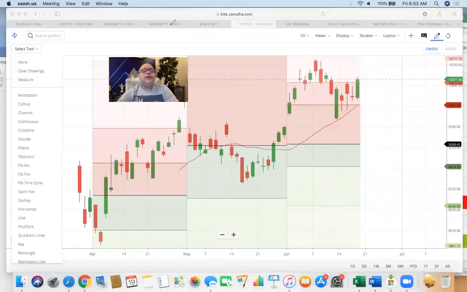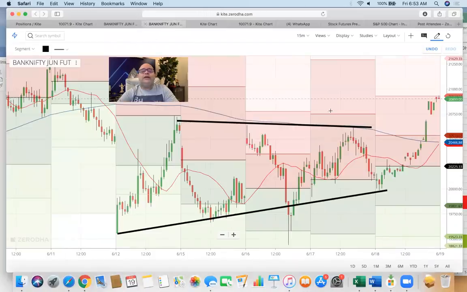Similarly, let's now study the Bank Nifty chart.